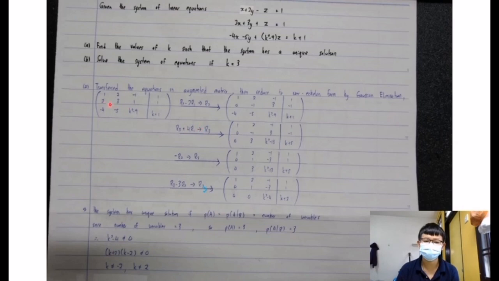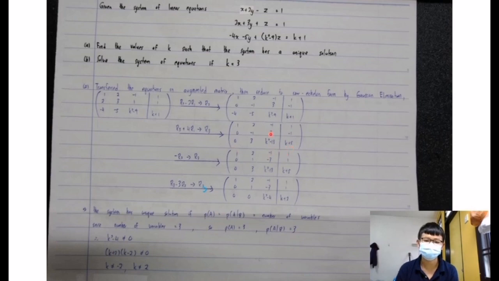So first we see the row 2. Row 2 becomes R2 minus 2 R1, then we get 2 minus 2 times 1 become 0, and 3 minus 2 times 2 become -1, then 3 and -1. Then we see the row 3. Row 3 becomes R3 plus 4 R1, then becomes 0, 3, k squared minus 13, k plus 5.